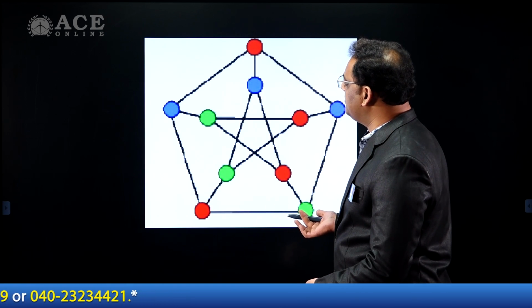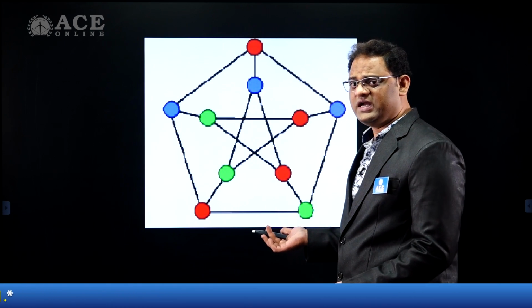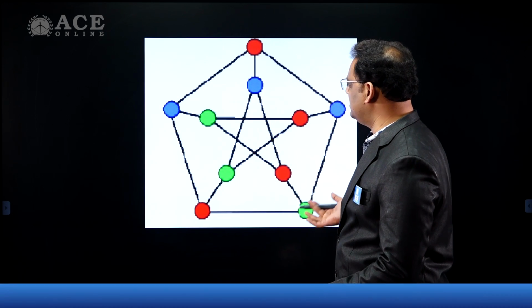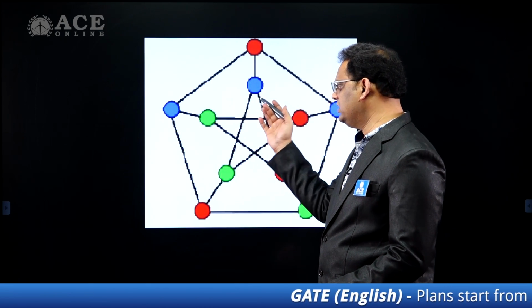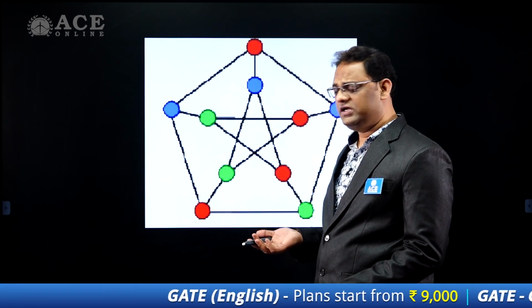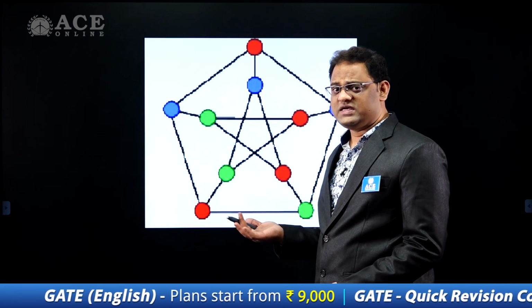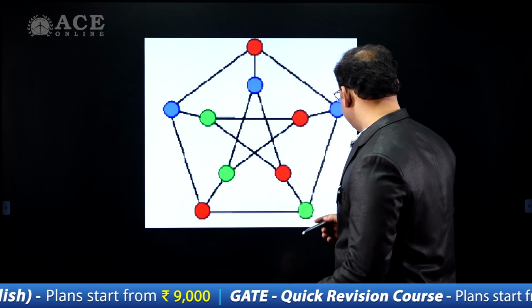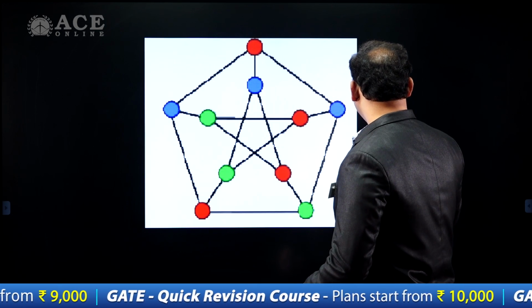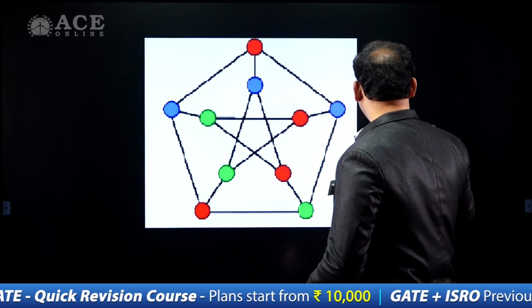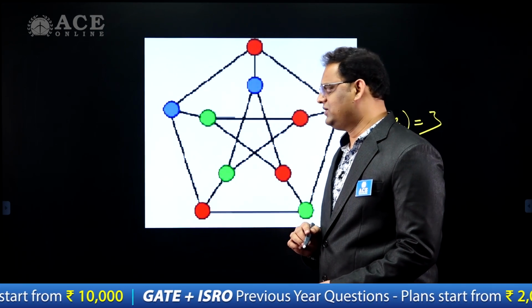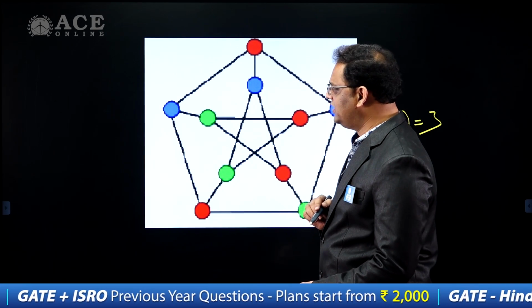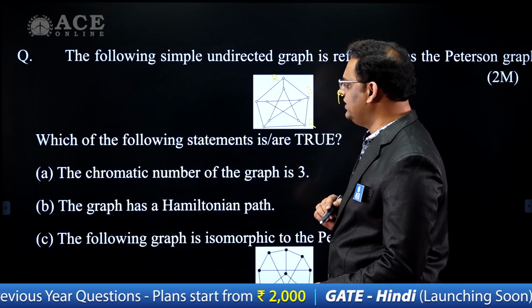So the chromatic number of Petersen's graph is 3, my dear. Here I just used 3 colors only, in such a way that no 2 neighboring vertices have the same color, isn't it? So can I write something like here, the chromatic number of Petersen's graph will be 3. Got it? The first statement is true. That is the point I want to convey, my dear.